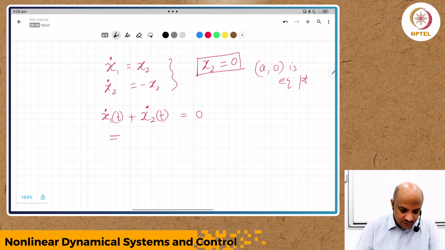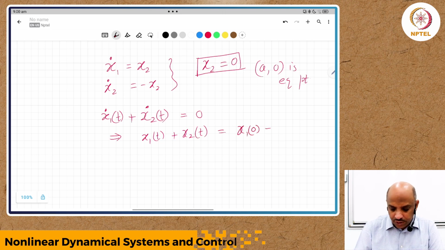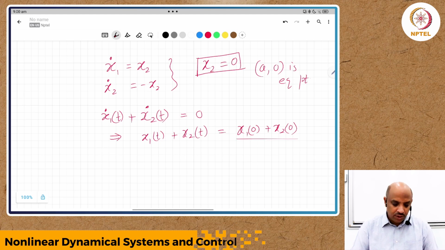What does this tell us? x1 of t plus x2 of t is going to be equal to a constant, and that constant may be determined from the initial condition. So you can clearly see that this is some number, and if this is a number, then it is going to remain that number. Therefore, it is going to remain on that particular line, right.